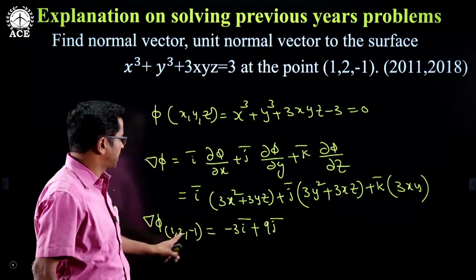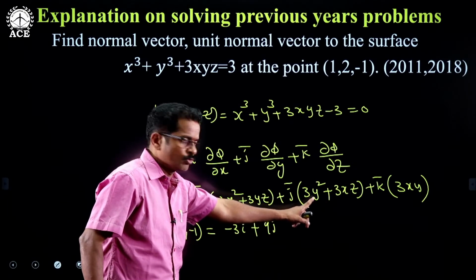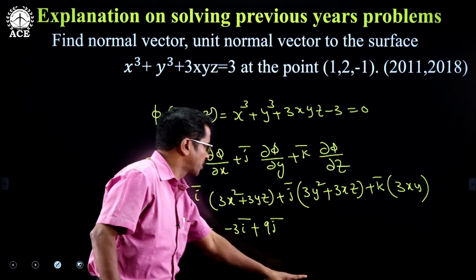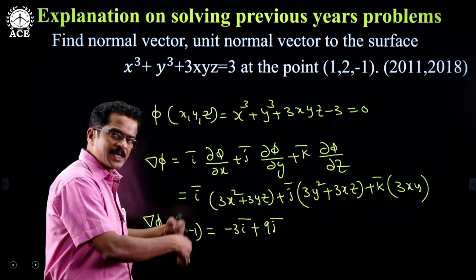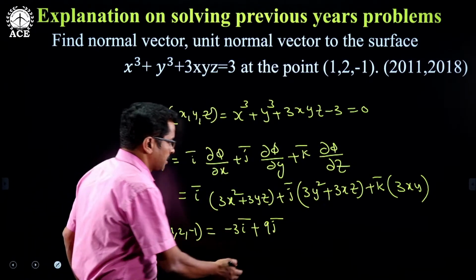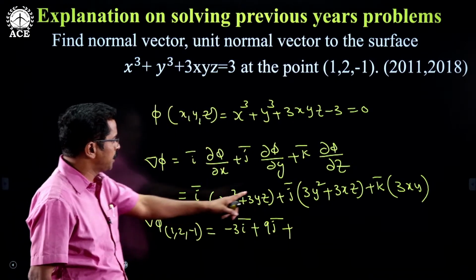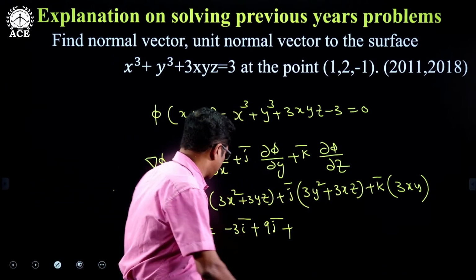I am directly evaluating that. Plus 3 into x into y, 3 into 1 into 2 is going to be 6k bar.